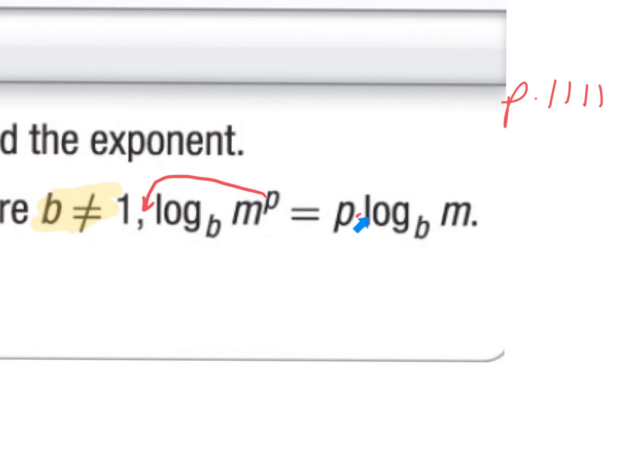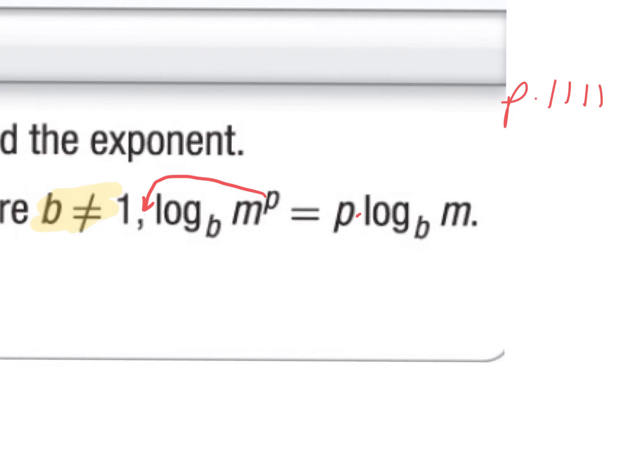I can take it in front and multiply, because with normal exponent rules, power to a power, we multiply. So same thing here. If I take this power that it's being raised to and bring it to the front, now it becomes a regular sized number and it gets multiplied by the log without the power. Okay?